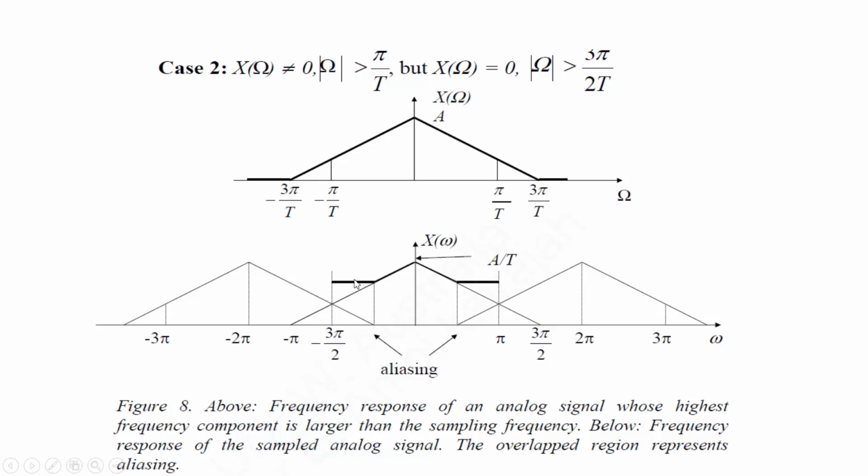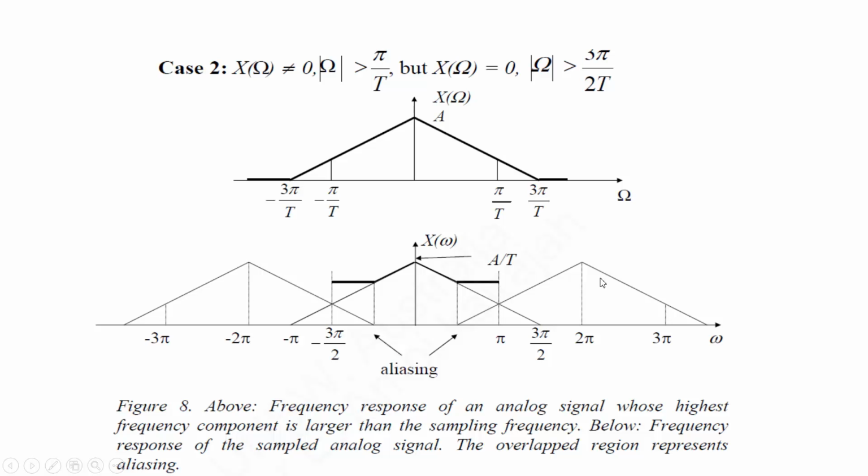In this case, the overlapping of the signals will take place. Overlapping of the signal, because this analog signal is extending beyond minus pi by T and pi by capital T, and the digital spectrum has to repeat.